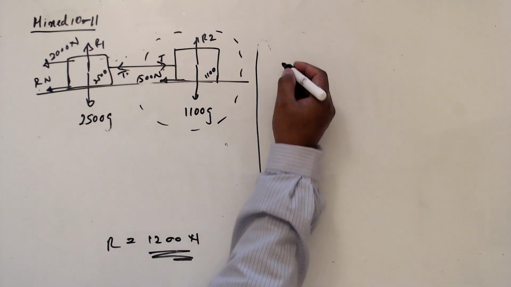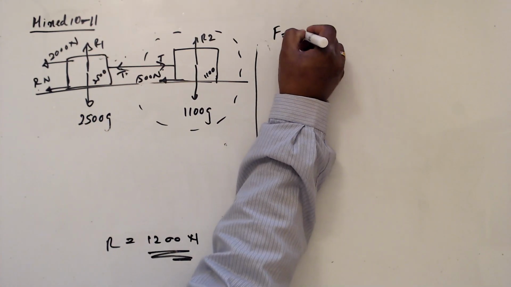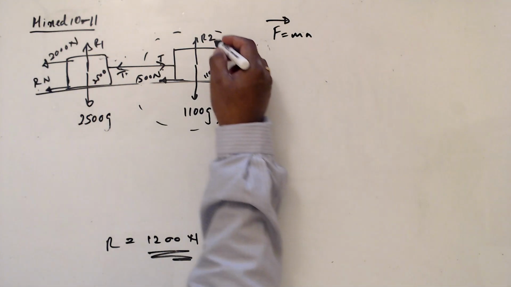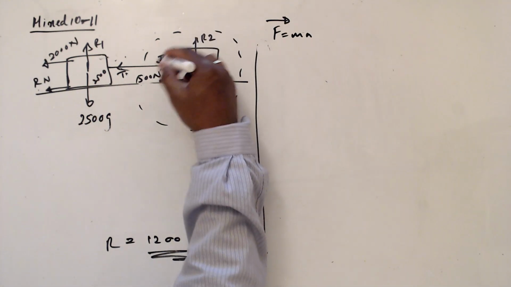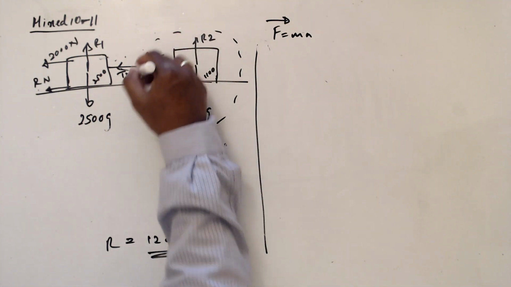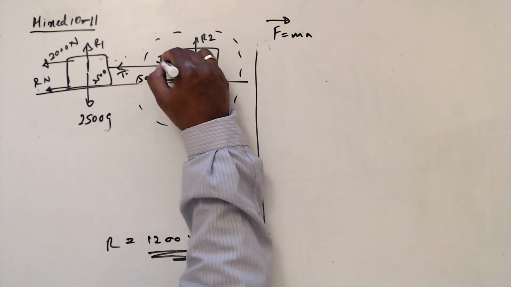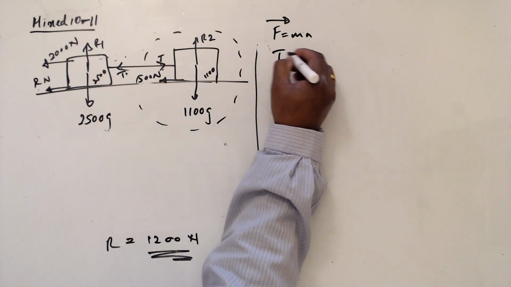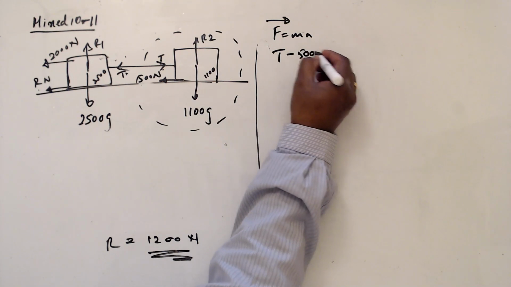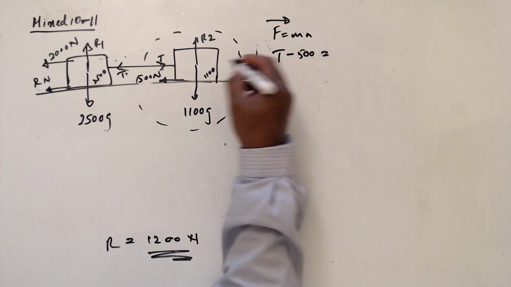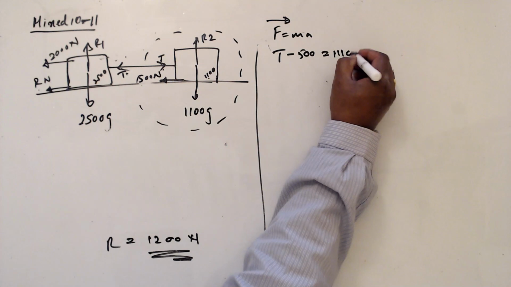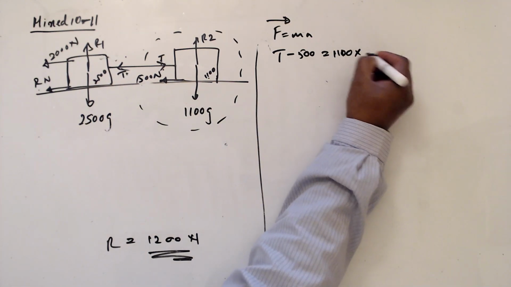So we'll consider F equals ma for this setup again. T minus 500 equals 1100 times a.